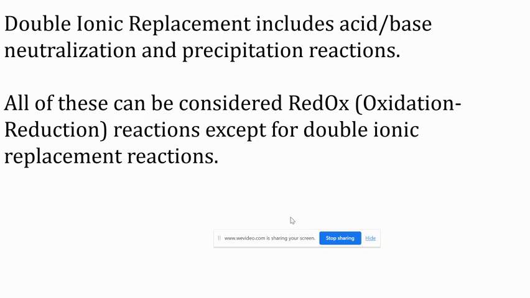Okay. Now, double ionic replacement is also going to include acid and base neutralization and precipitation reactions. All of these are considered to be redox reactions. Okay. So we call these redox or oxidation reduction reactions, except for a double ionic replacement.